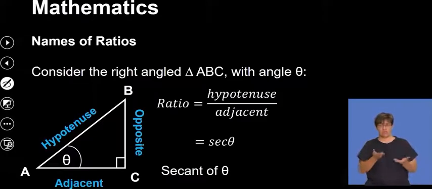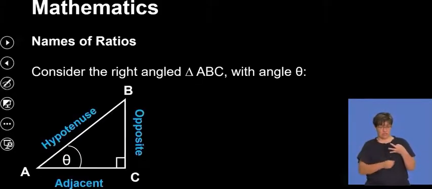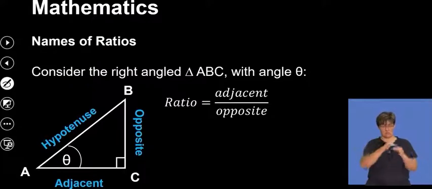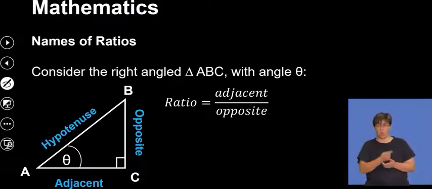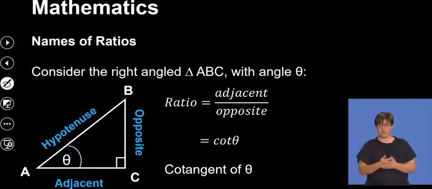If our ratio is now hypotenuse over adjacent, we call it just sec, and this is secant of theta. Now, the other one also, if it is adjacent over opposite, remember tan was opposite over adjacent, now we swap the numerator and denominator around, this gives us what we call cot theta, which is cotangent of theta.